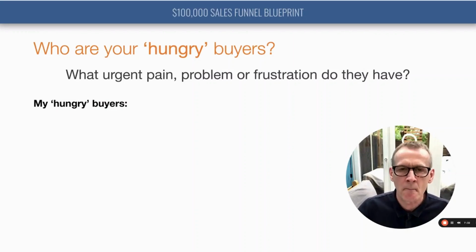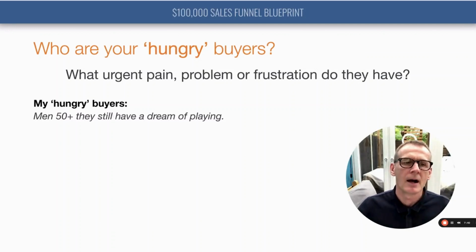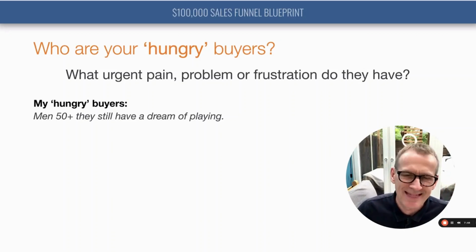So when I think about my hungry buyers, as I said, they're men sort of 50 plus, playing guitar. And so, in terms of me thinking a bit more about them, they're probably people who maybe picked up the guitar for the first time. Now they've got a bit more time as they're older.